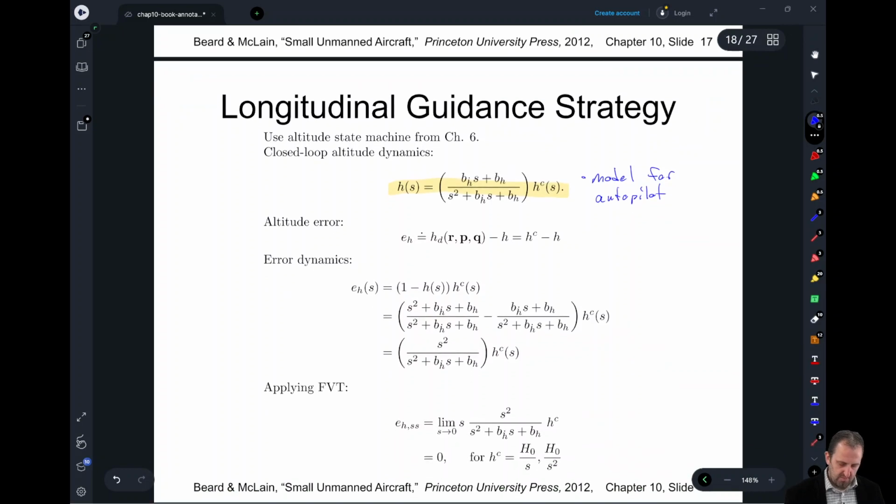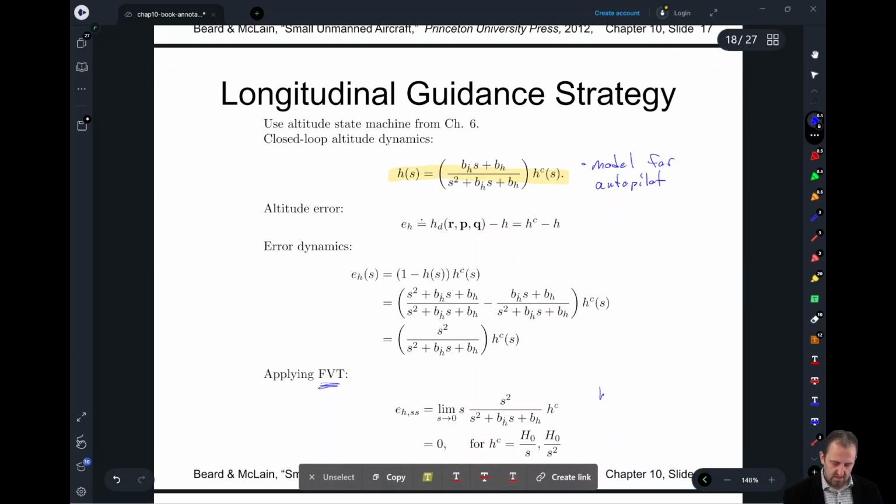And the big key here is if we just look at this model and apply the final value theorem, then our height will converge to either a steady state constant value or a ramp value.